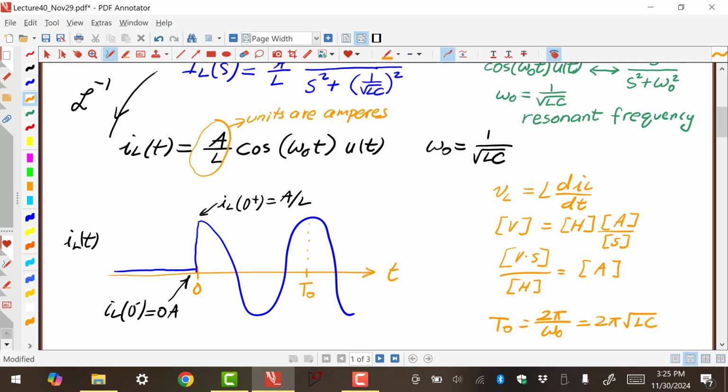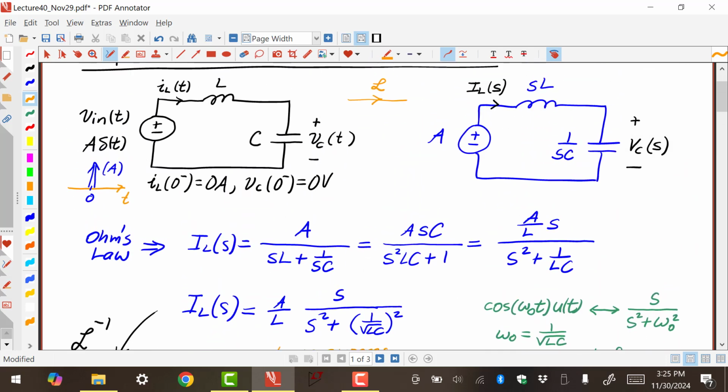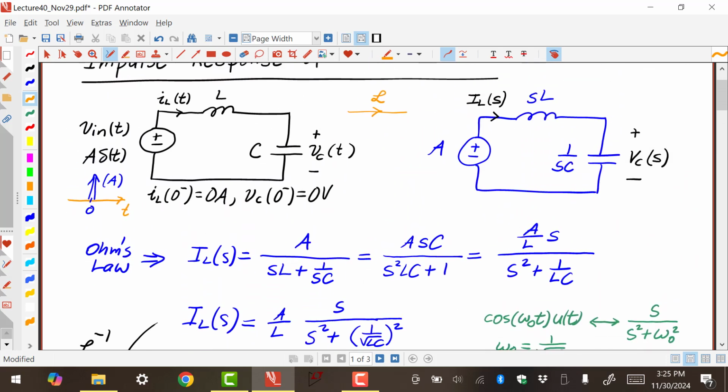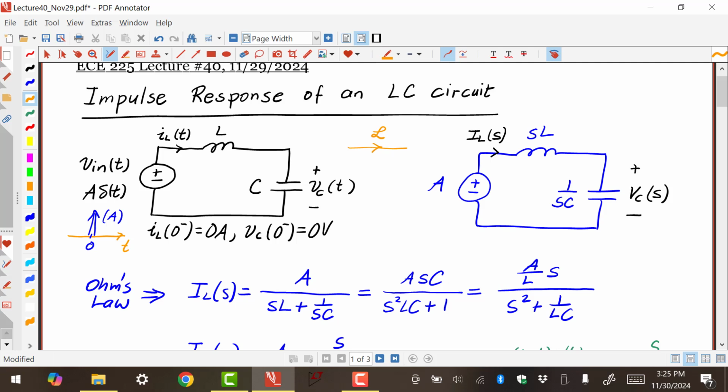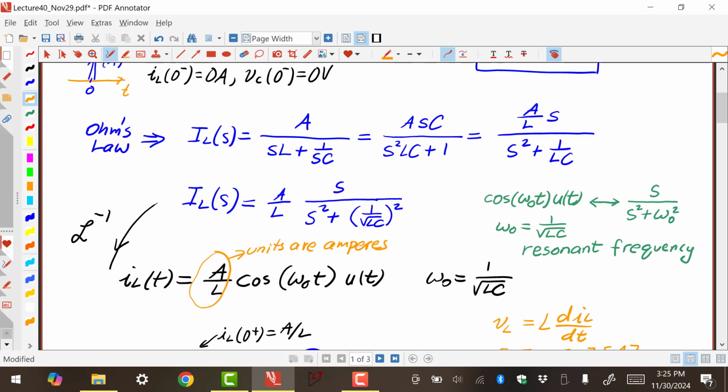Okay, that's I_L(s). How do we find, for example, the capacitor voltage? Well, the same current I_L(s) that's going through the inductor also goes through the capacitor because it's a series current. And so we can just use Ohm's law. V_C is equal to the impedance of the capacitor times I_L. Let's just write that down.